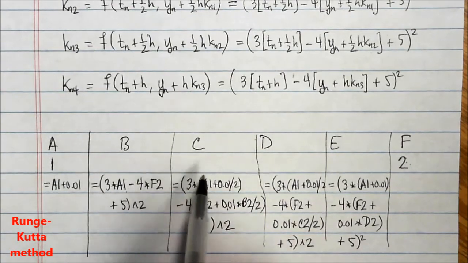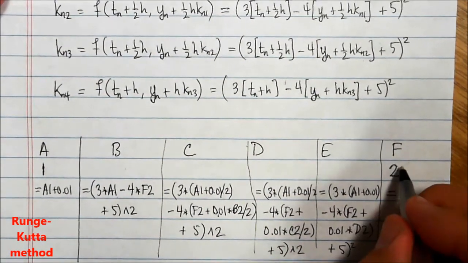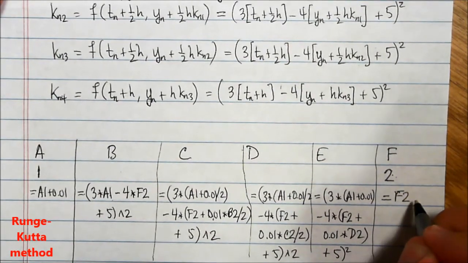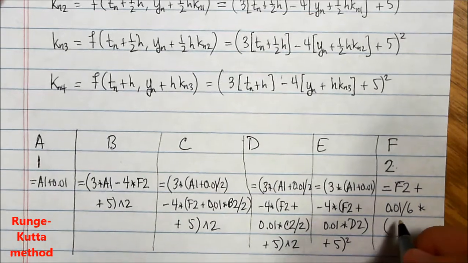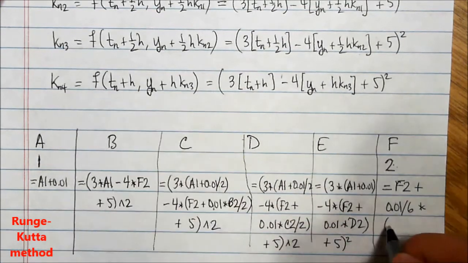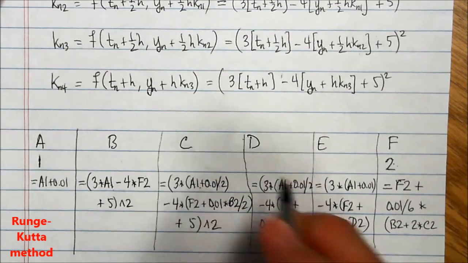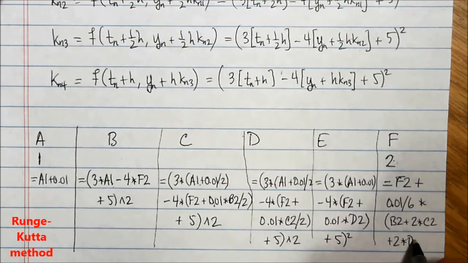Okay, then once we have these intermediate values, we then have to take the weighted average and add to the previous value. So the previous y value, F2, plus 0.01 over 6 times Kn1, which is in B2, then 2 times Kn2, which was in C2, plus 2 times Kn3, which was in D2, plus Kn4, which was E2.